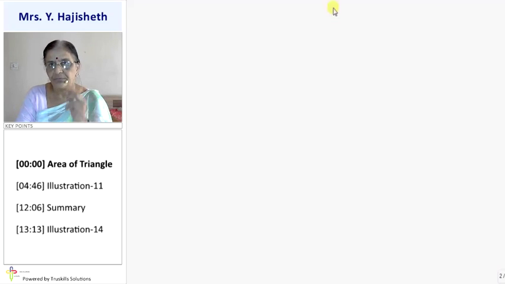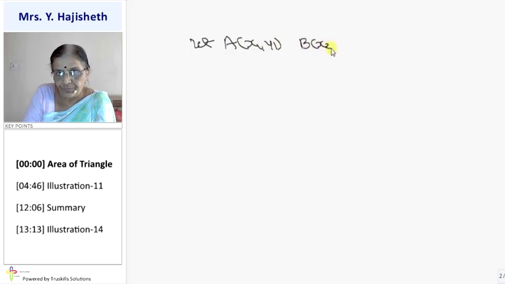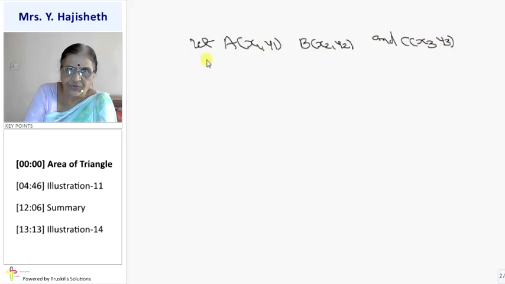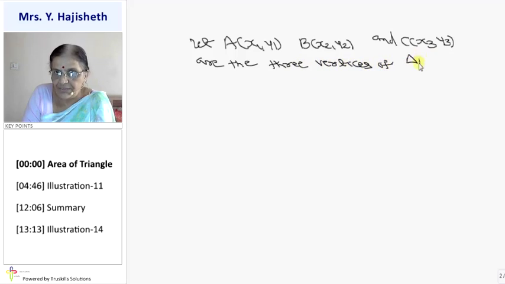For example, suppose A(x1, y1), B(x2, y2) and C(x3, y3) are the 3 vertices of triangle ABC, okay?